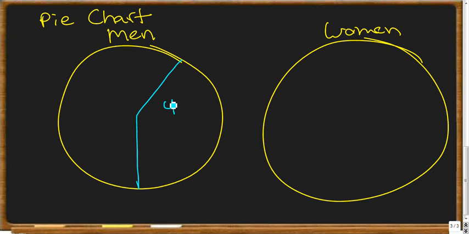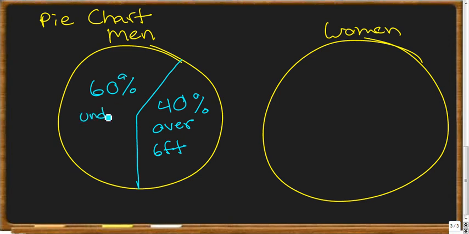So this is our over 6 foot, or oops, this is over. And then we had 60% under. So this is a little easier to see right off the bat, and it's naturally designed to use relative frequency. Pie charts are all about breaking it up into percentages.